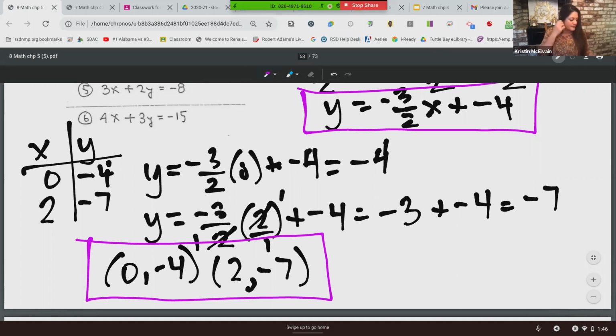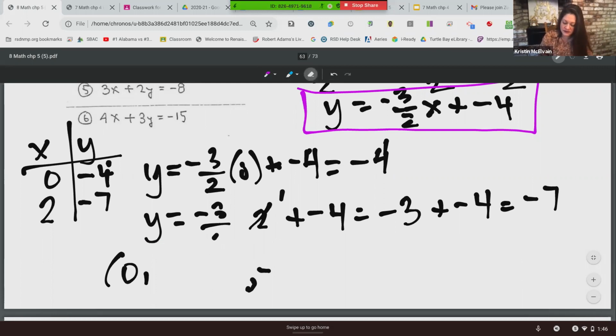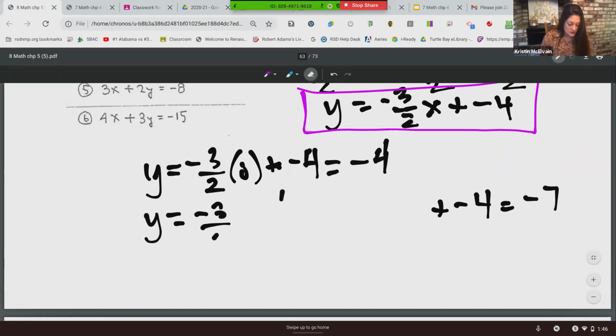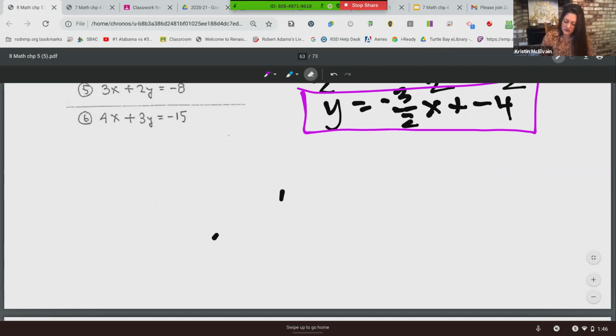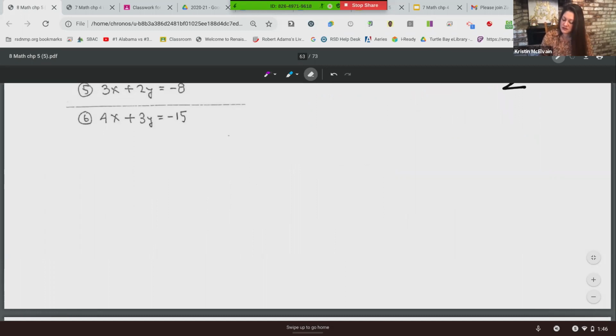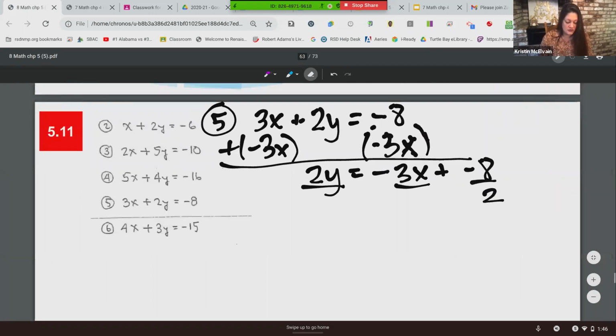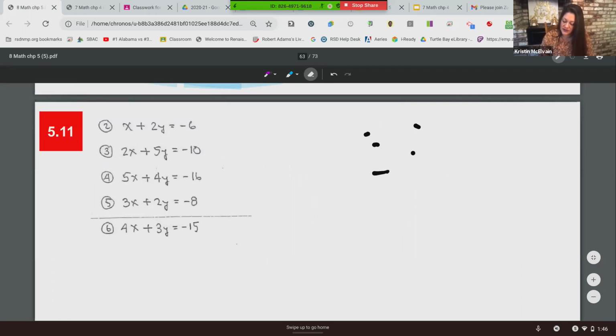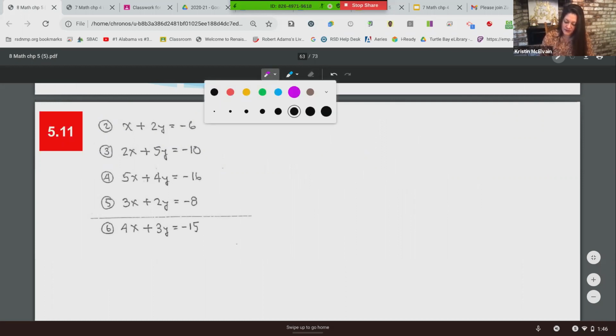All right, erase those. All right, last one of these problems. Black, there we go.